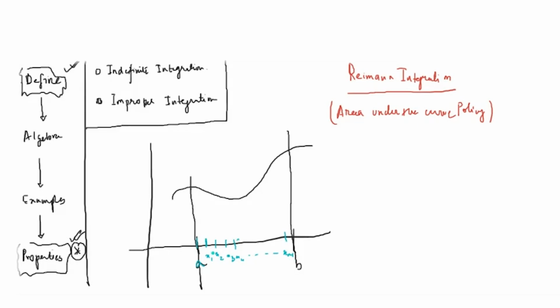I think up to xn minus 1, because n intervals are there. So they broke this domain down into n intervals. Step number 1: break it down into n intervals.